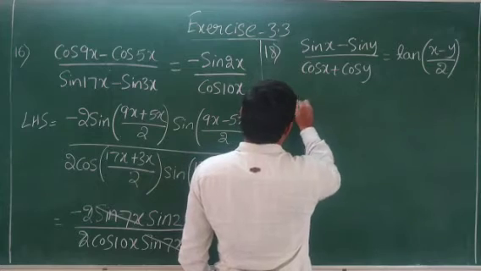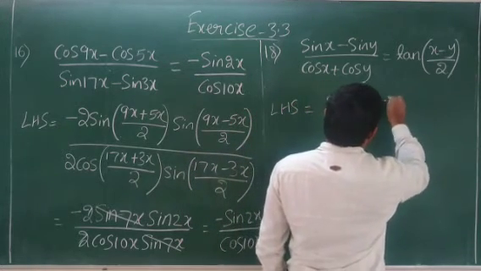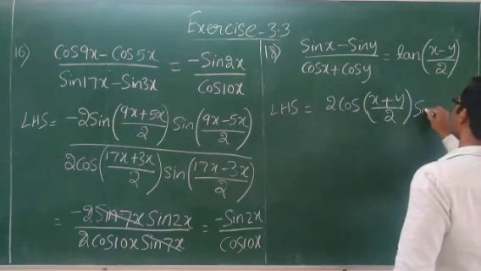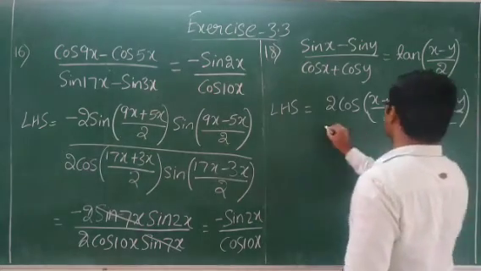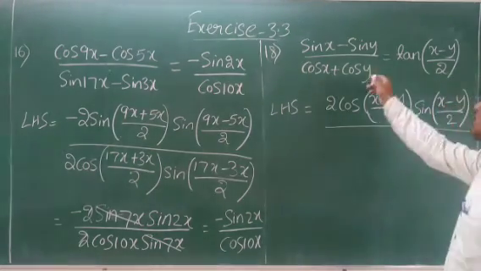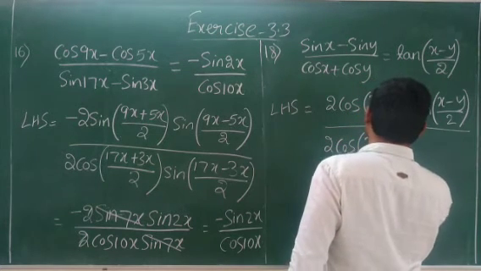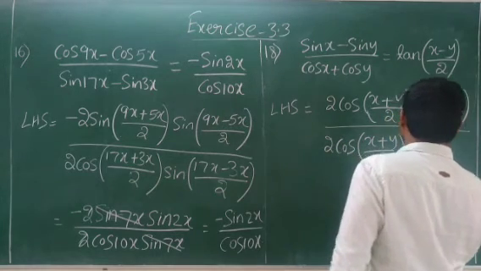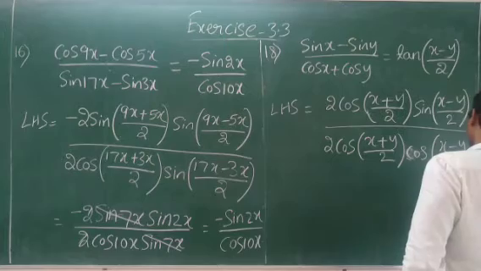Sin x minus sin y is equal to 2 cos of (x plus y) by 2 sin of (x minus y) by 2, by cos x plus cos y. Cos x plus cos y is 2 cos of (x plus y) by 2, again cos of (x minus y) by 2.